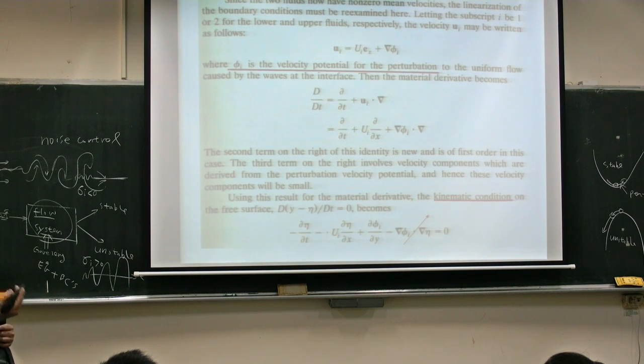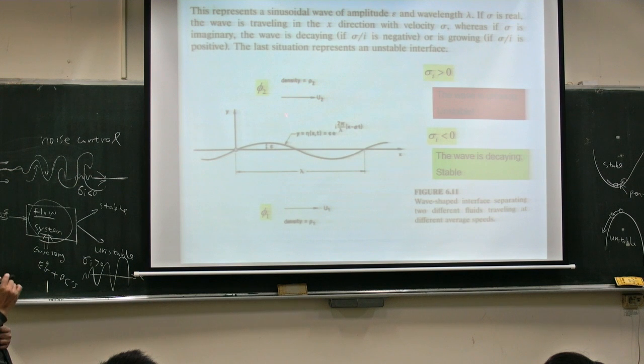Here we know there's a free stream, U1 and U2, and this free stream is unaffected when the flow is away from this interface, right? When y goes to infinity, or a little far from this interface, the flow field will always be U2 above, and the flow field under here will always be U1 below.